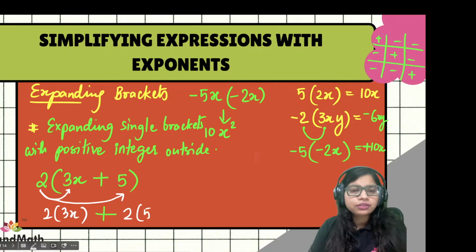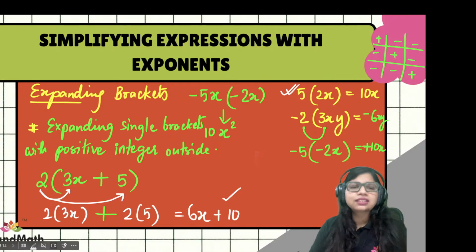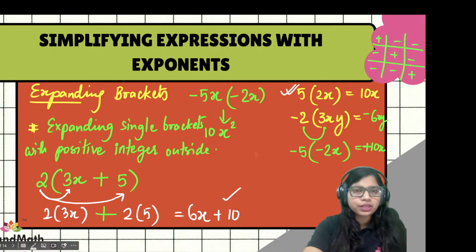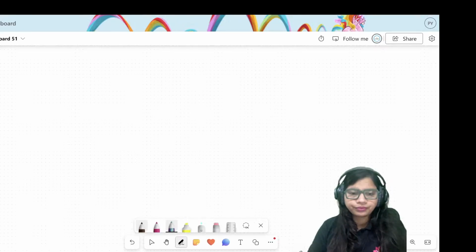So 2 times 3x, we already did these types of questions. 2 times 3x is 6x plus 10. And that's 100% correct.